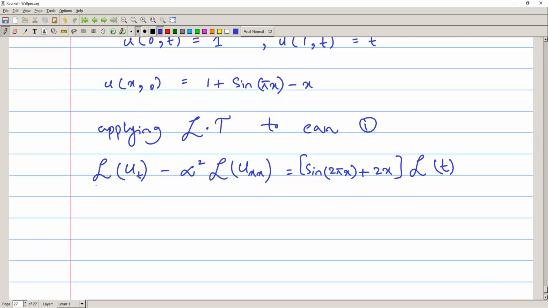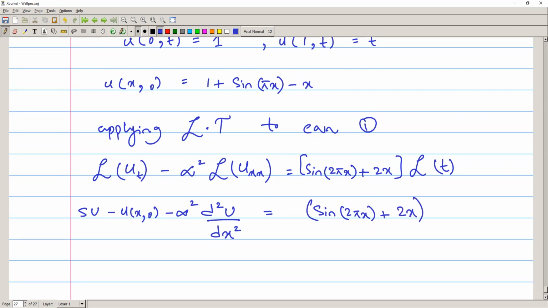Now the Laplace of u_t will be s U minus u(x, 0), that is the initial condition, minus alpha squared, and the Laplace of u_xx will be d squared U over dx squared, is equal to sin 2 pi x plus 2x, and the Laplace transform of t is 1 over s squared, right?